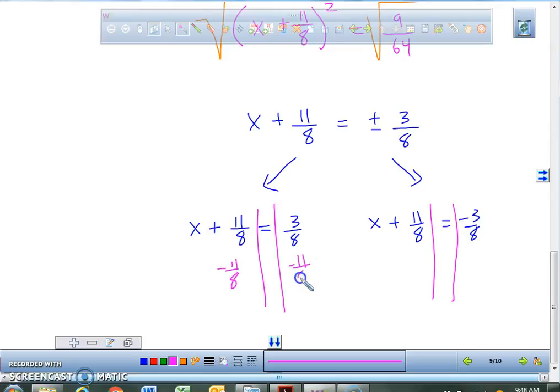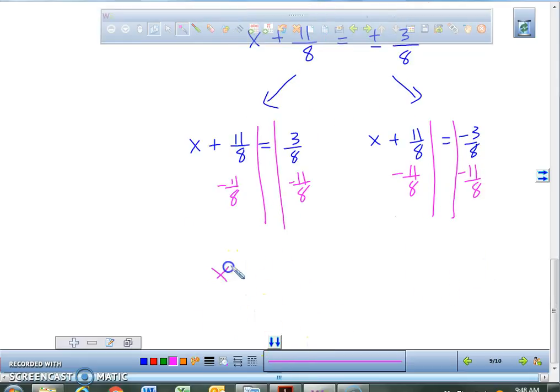Subtract 11/8 all the way across. When you do that, you get x equals negative 8 over 8, which is negative 1. Over here, x equals negative 14 over 8, which reduces to negative 7 fourths.